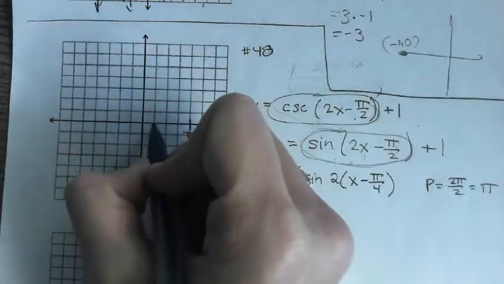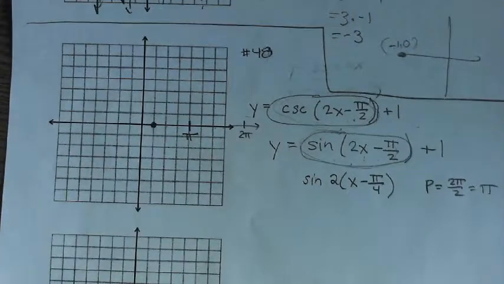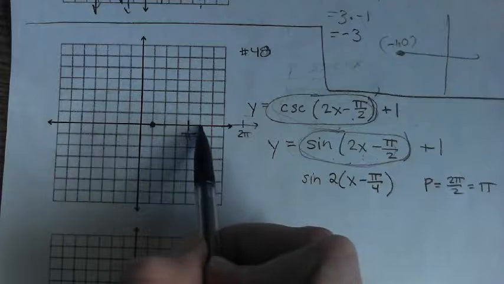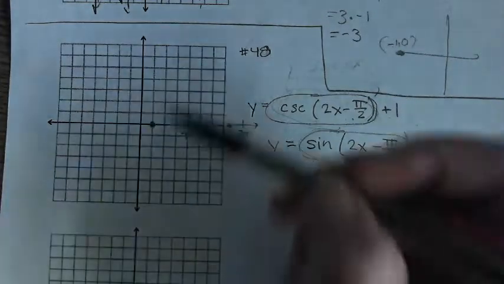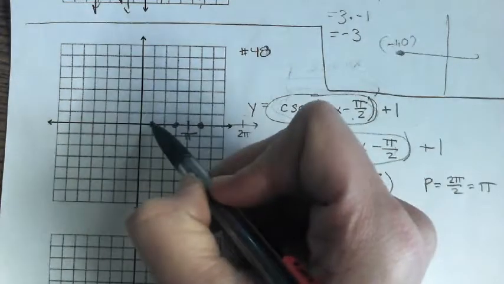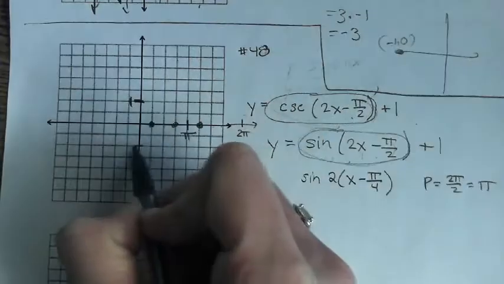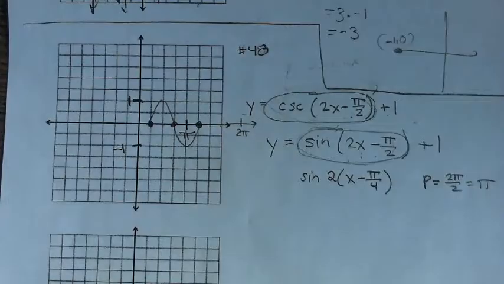So my sine graph is going to start at pi over 4 units to the right, and it's going to end pi units after that, right here. And then my midline's there. I've got an amplitude of just 1. I'll go every other as 1 so it's not as crammed. So there's my guide.